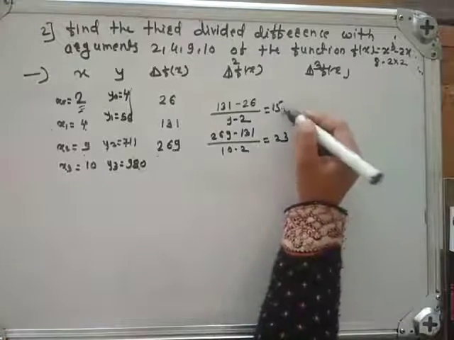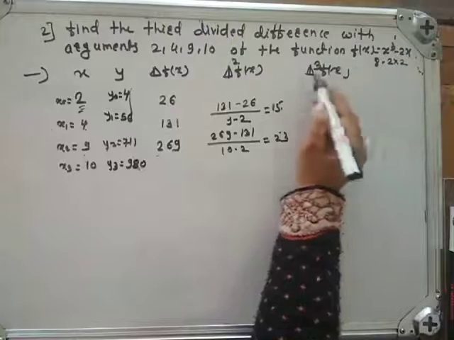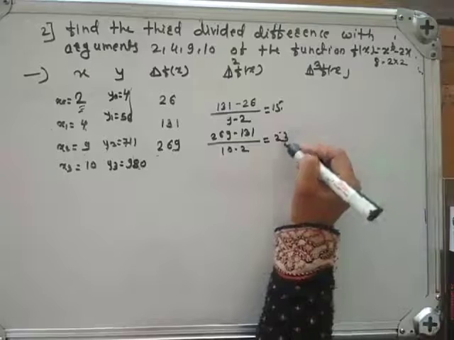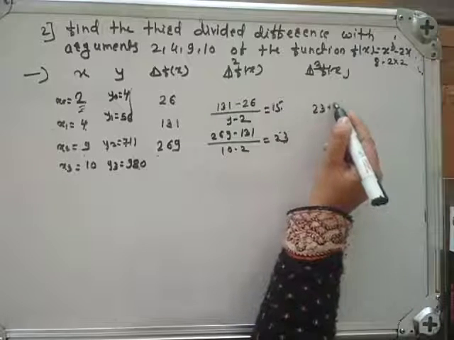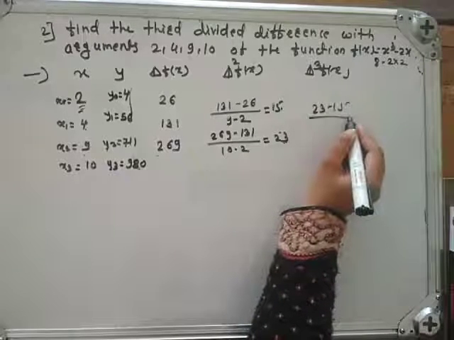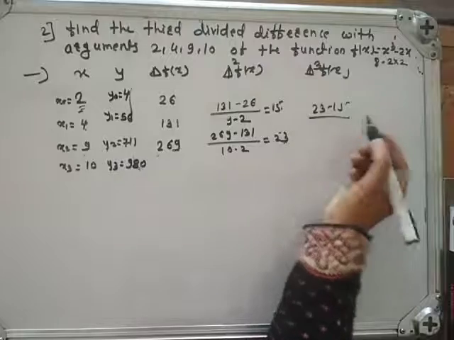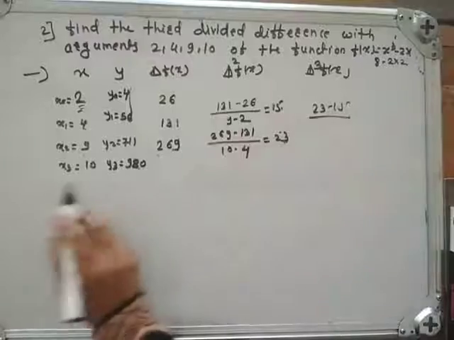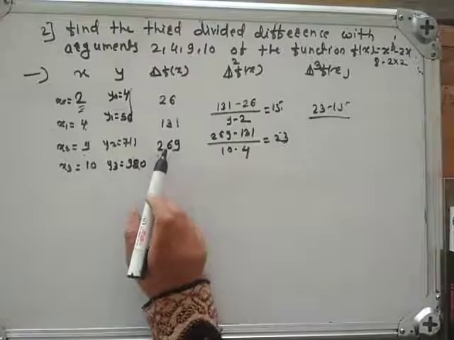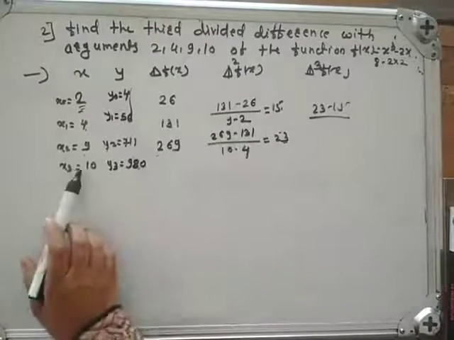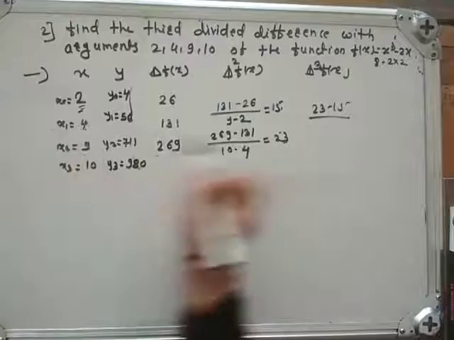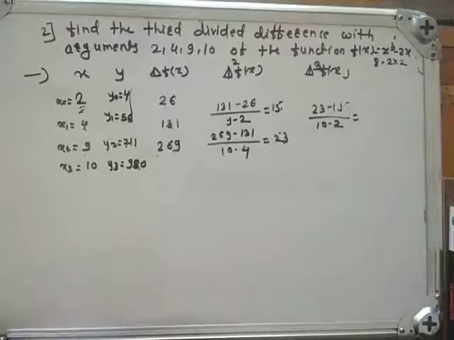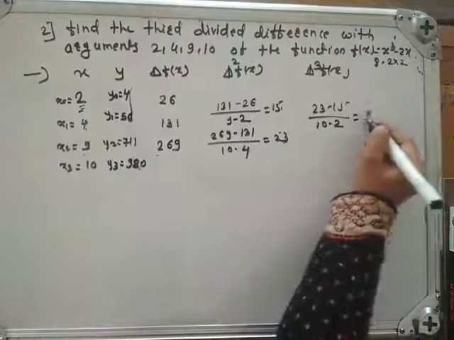Okay. Now we have to take the third divided difference. For this, 23 minus 15 upon, here is 10 minus 4. Here, remove these two numbers and you will get 10 minus 2. So your answer is 1.